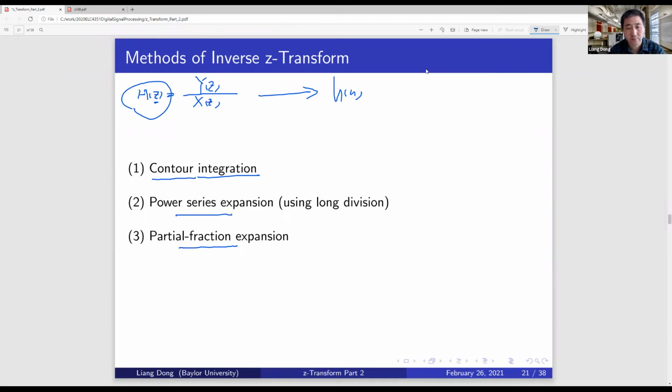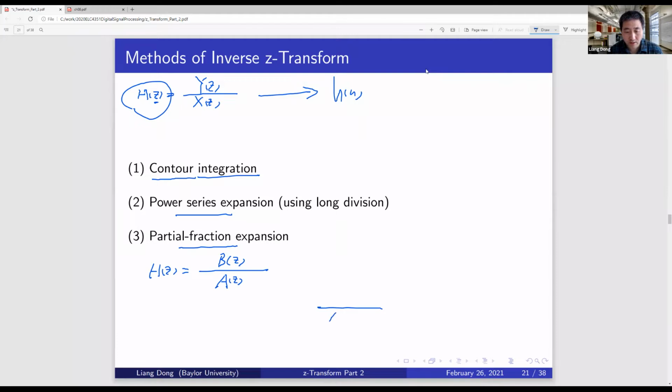Partial fraction expansion is we are doing a divide and conquer. We make this ratio of X of z, which is in the format of a rational function, B of z over A of z. After long division, you got a proper part, you got an improper part. And then we can work on this division to smaller pieces and then make sure that all the smaller pieces have a very small order on the denominator.